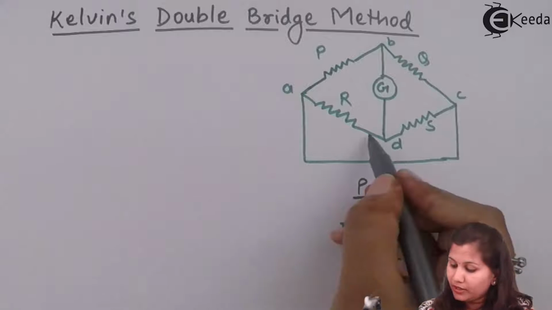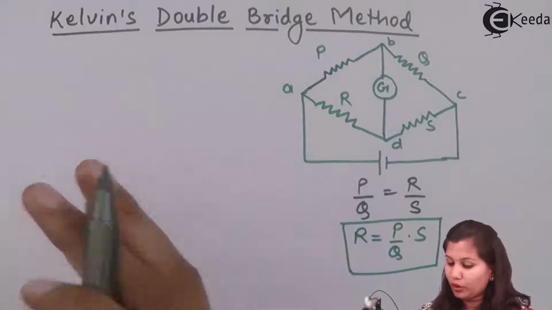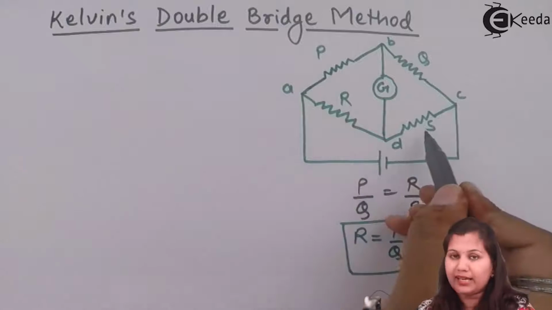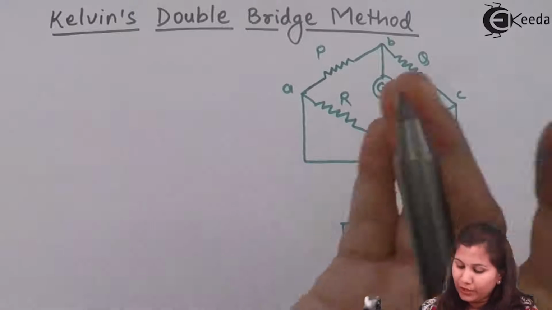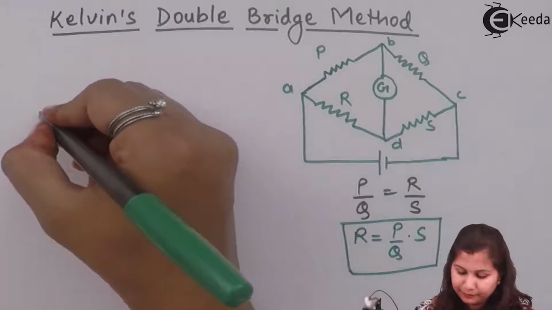Here in this modification, in between R and S, we are considering a connecting lead, and we want to measure the resistance of that connecting lead. So let's draw the circuit here.